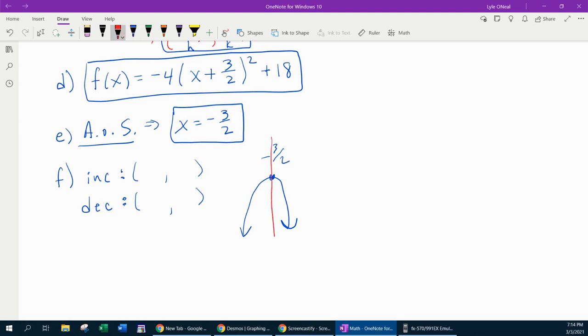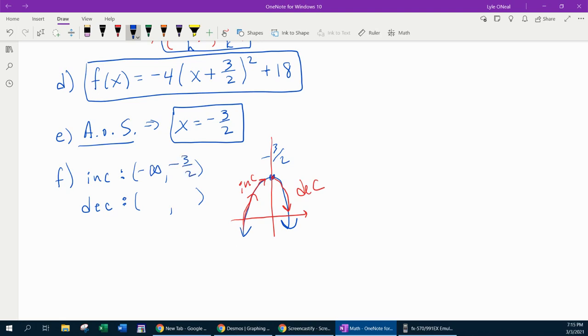We can see that on the left, we're coming up, so we're increasing. Remember, you have to read this from left to right. So we're increasing. And once we reach negative 3/2, then we start to decrease. So our increasing is going to be from negative infinity up to negative 3/2.